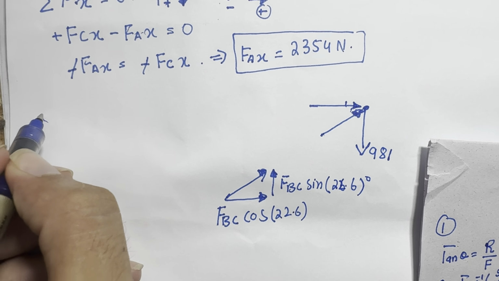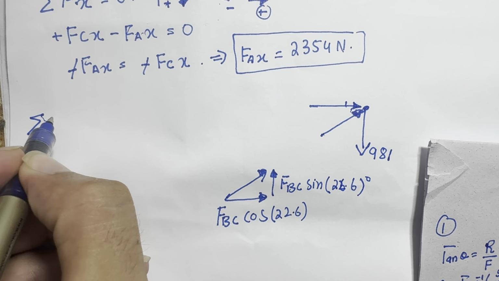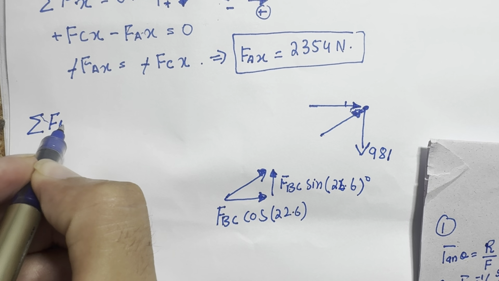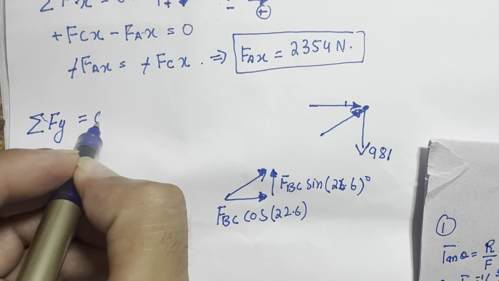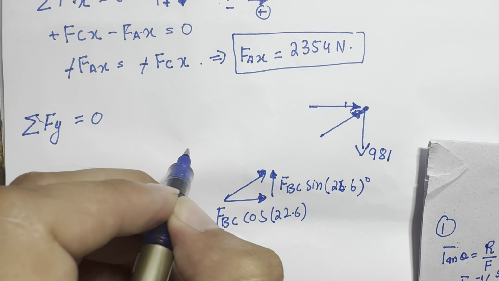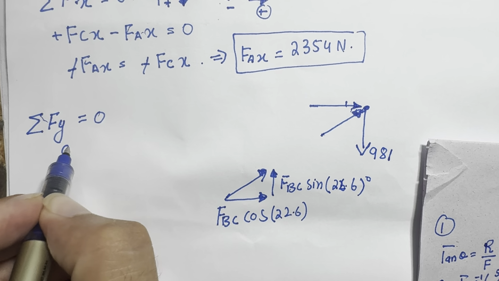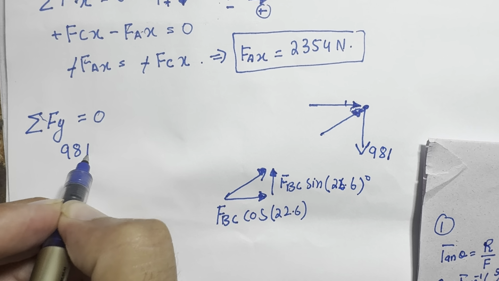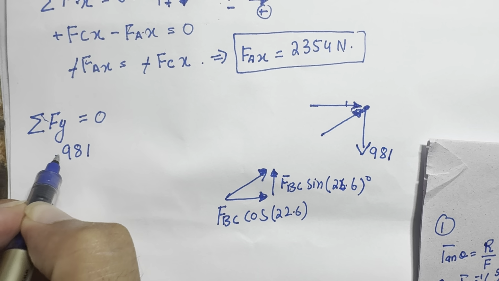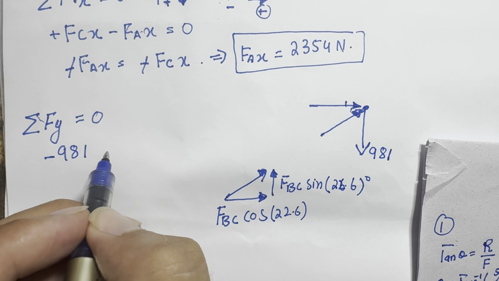So I take the summation of all vertical forces, Fy equal to 0. One vertical force is 981, which is downward, so I take it negative.